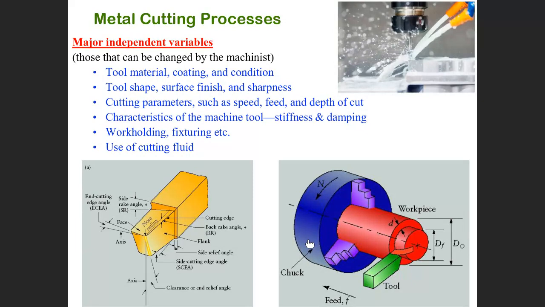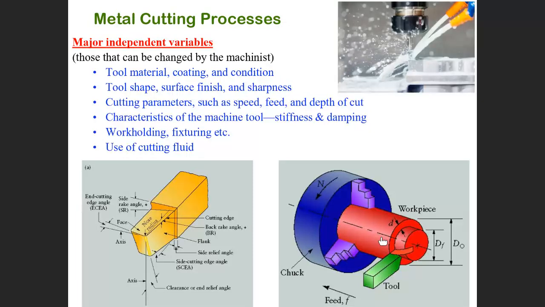We decide the feed, the speed, the depth of cut, and the material we are going to cut, steel, aluminium, and so on. What is the tool material? We can maybe use a carbide tool, HSS tool, ceramic, whatever tool.